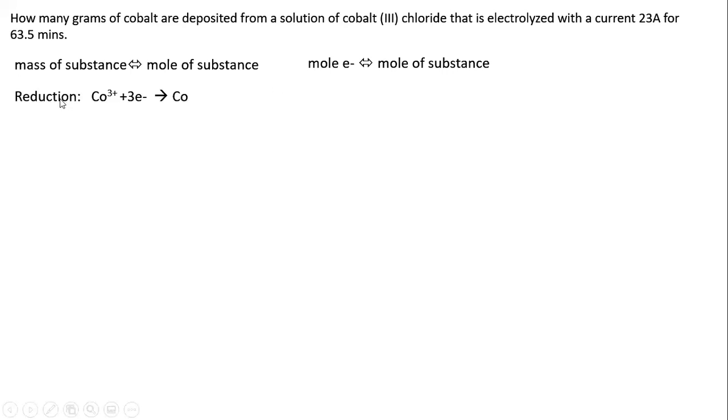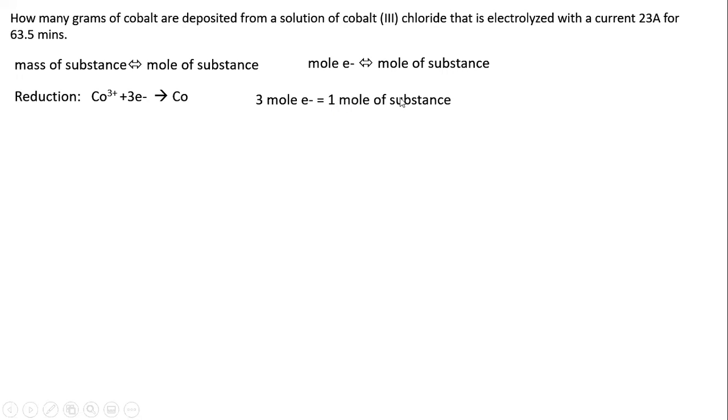We know from the reduction half reaction, since we're going from cobalt 3+ to cobalt, that there are 3 moles of electrons for every 1 mole of cobalt produced. So there's a 3-to-1 relationship between electrons and cobalt. Now we know how many moles of electrons for every 1 mole of substance.